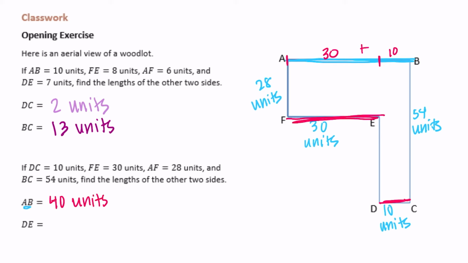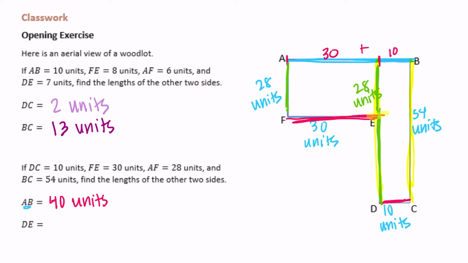And DE, let's see, DE is right here. What I know is that AF here is 28, so this part is 28 units. And I know that the whole thing is 54 units.